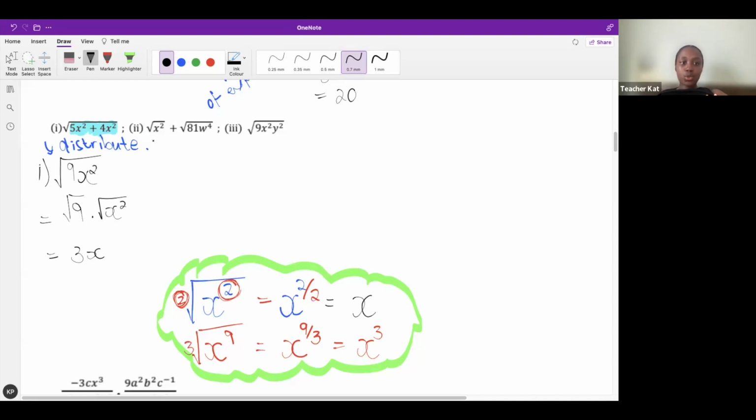So let's look at number 2. We have variables on both terms, so we're going to have to use our square root before we add. Why am I square rooting before we add? Where do surds come in BEDMAS?